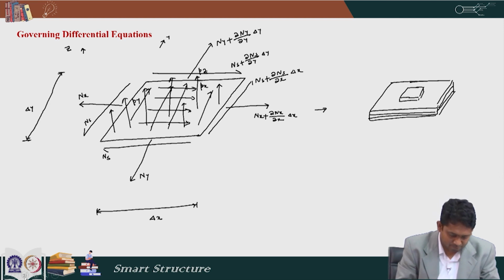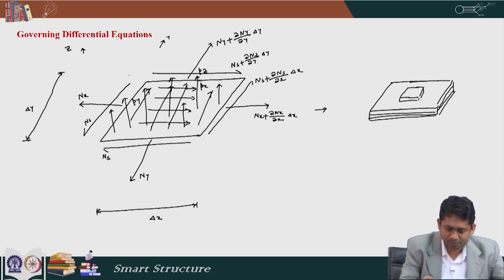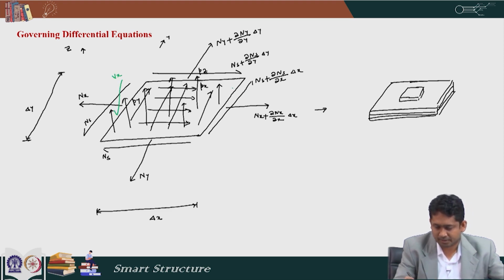Now, let us show shear forces. The shear forces I am showing in a different color. So, the vertical shear force Vx. It is a shear force in either the xz or yz plane, which we are calling Vx and Vy.